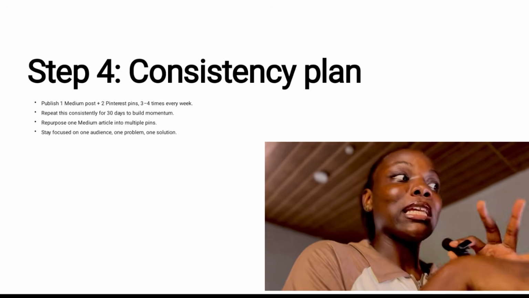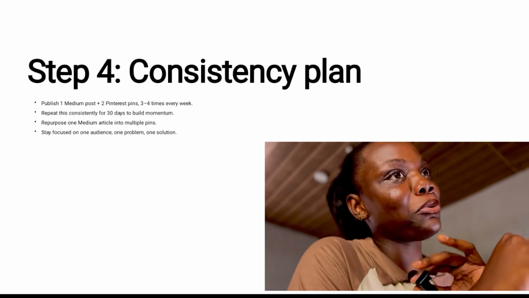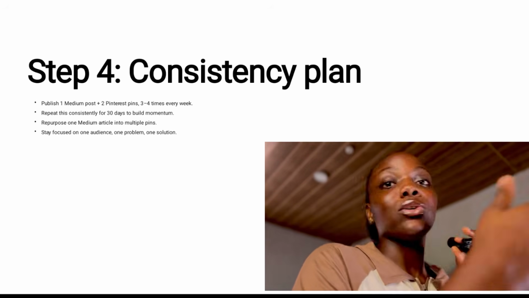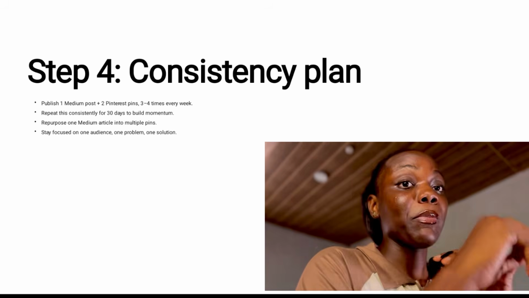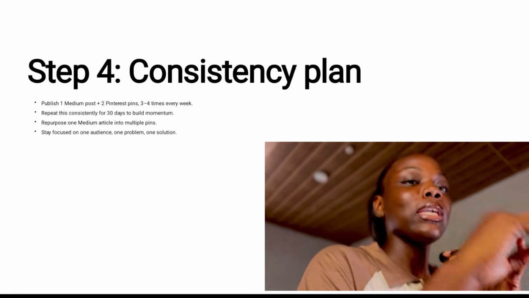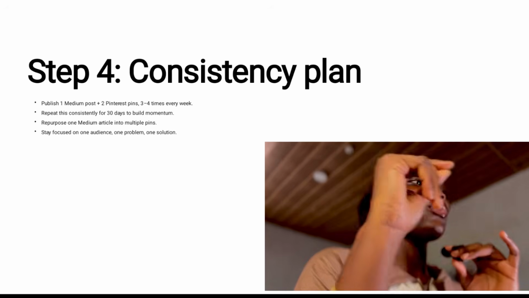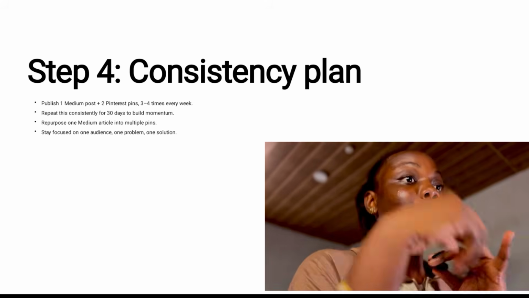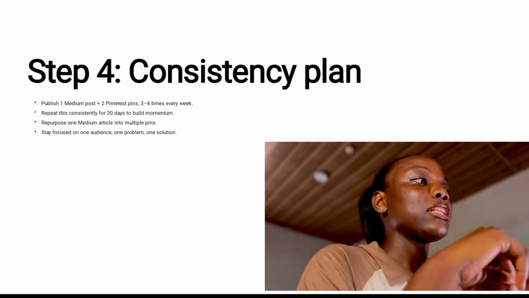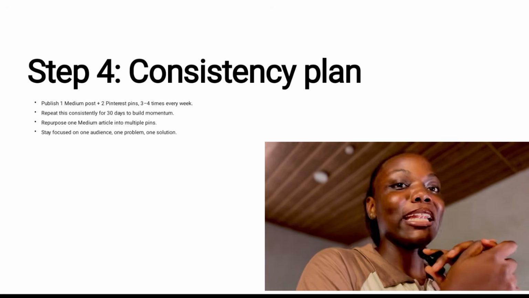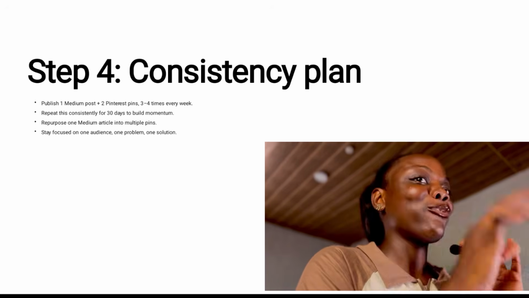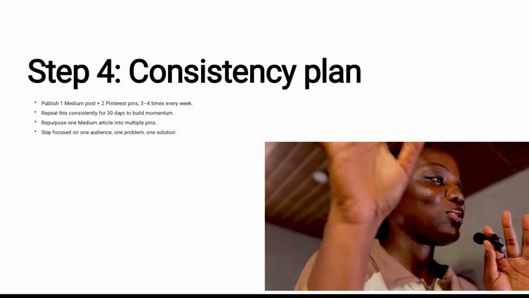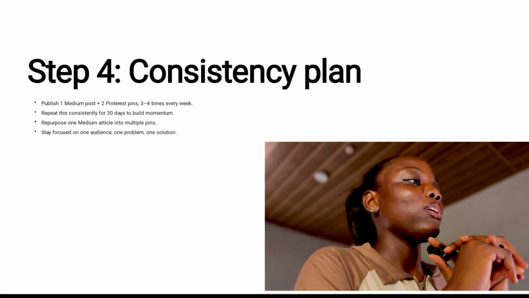Step 4 is consistency, because you cannot make the first Medium post and then, just because it's not going viral, not post again. No, you have to have a consistency plan. So ideally, you want to be posting 3 to 4 times a week, and for each Medium post that you write, you want to have 2 Pinterest pins promoting that Medium post, and then you want to repeat this consistently for 30 days before you say, no, I'm not doing this strategy anymore.